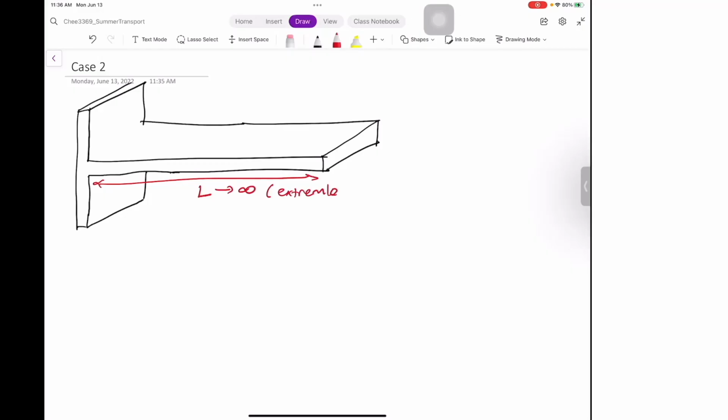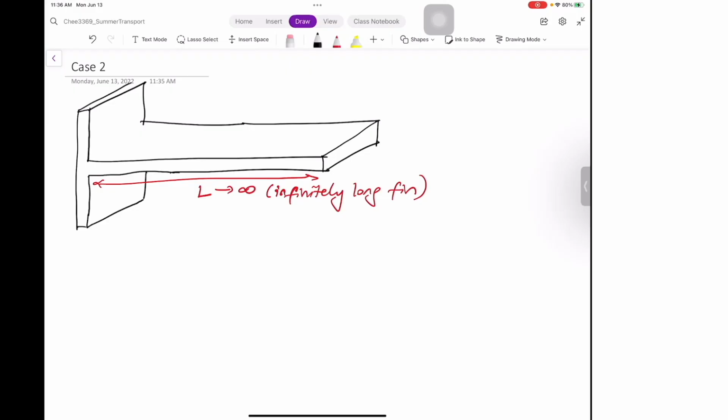Extremely, or let's say infinitely long fin. Okay. And yeah, the other conditions are the same. You have the B, W, and so on.